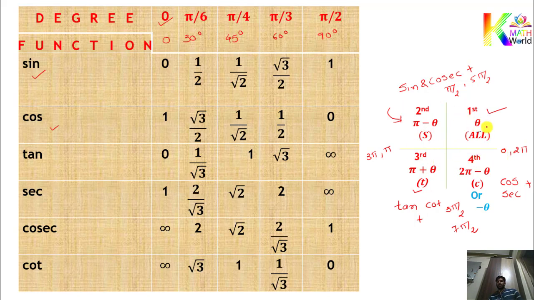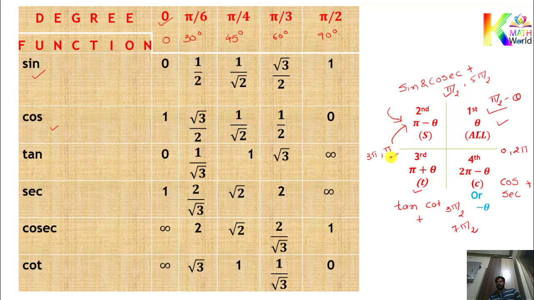First quadrant, we indicate it by theta. Here you get pi/2, so it means less than pi/2. You can denote it by theta, or you can say pi/2 minus theta also. Here you get pi, so something less than pi in the second quadrant, that's why you can indicate it by pi minus theta.